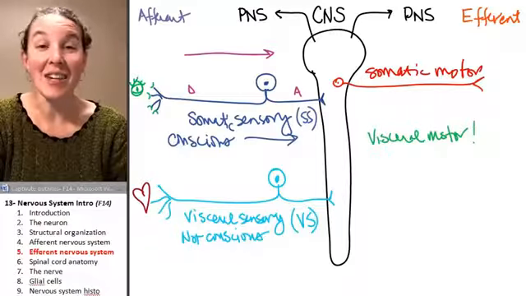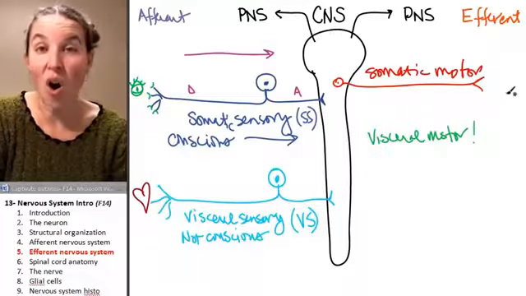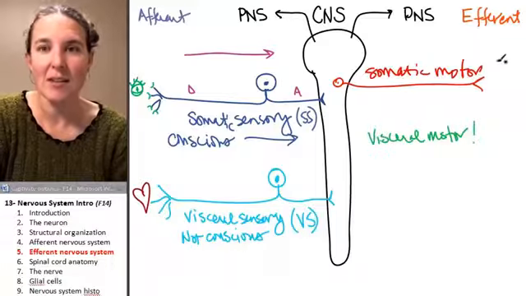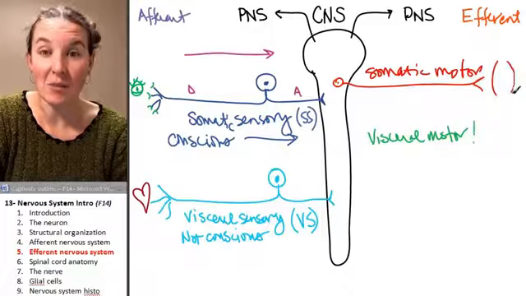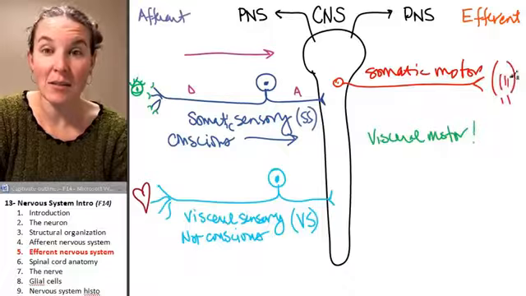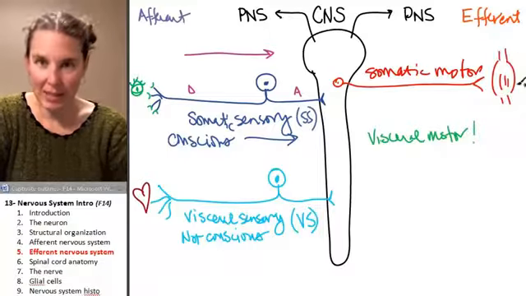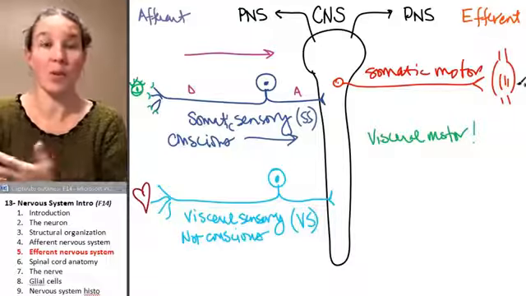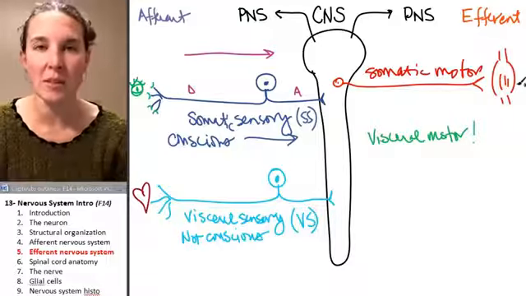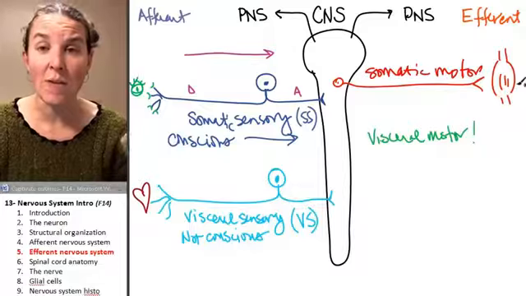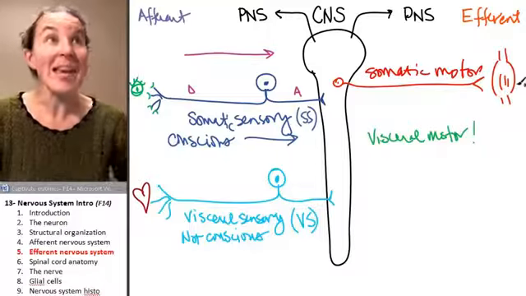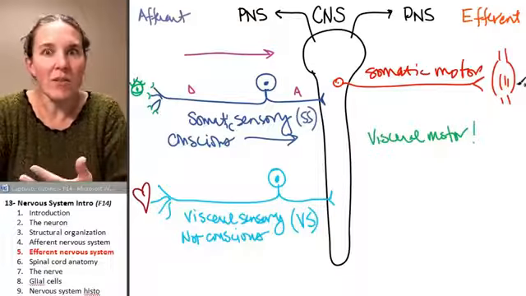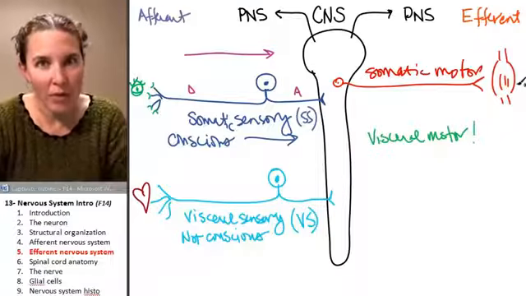And this is actually kind of beautiful and magic because all somatic motor neurons innervate skeletal muscle. Done. It's that easy. If a somatic motor fiber is traveling from the central nervous system to an effector, the effector is skeletal muscle. If the effector is skeletal muscle, the fiber that innervated it is a somatic motor fiber.